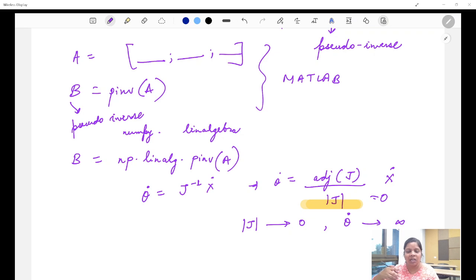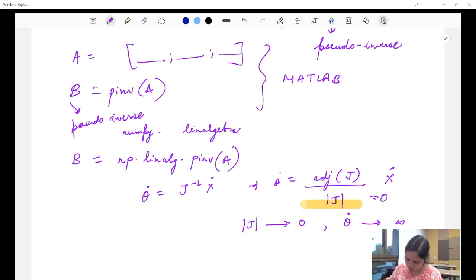Our motors cannot achieve infinite velocities, right? You cannot have infinite RPM of a motor. So this is not possible. So there are conditions in which we may reach this stage, and that could be a problem for us.